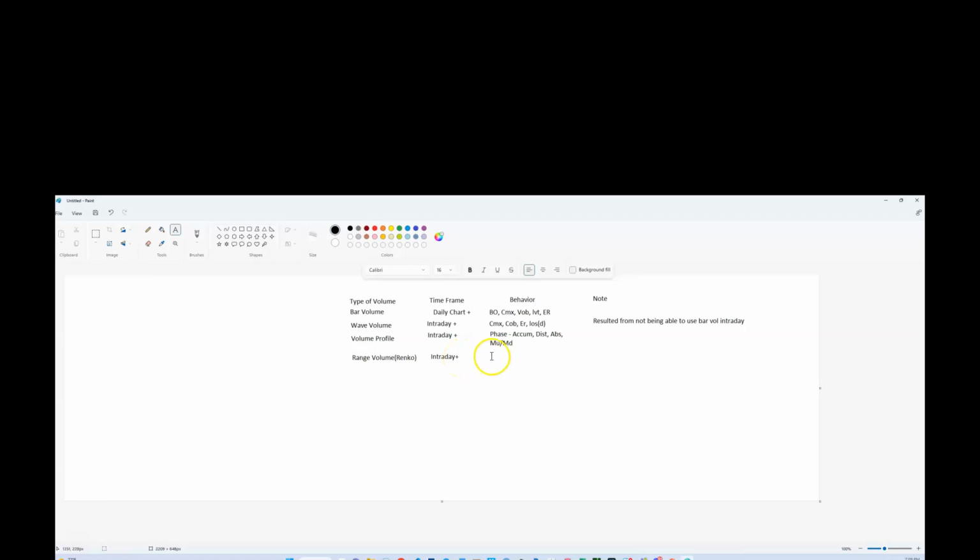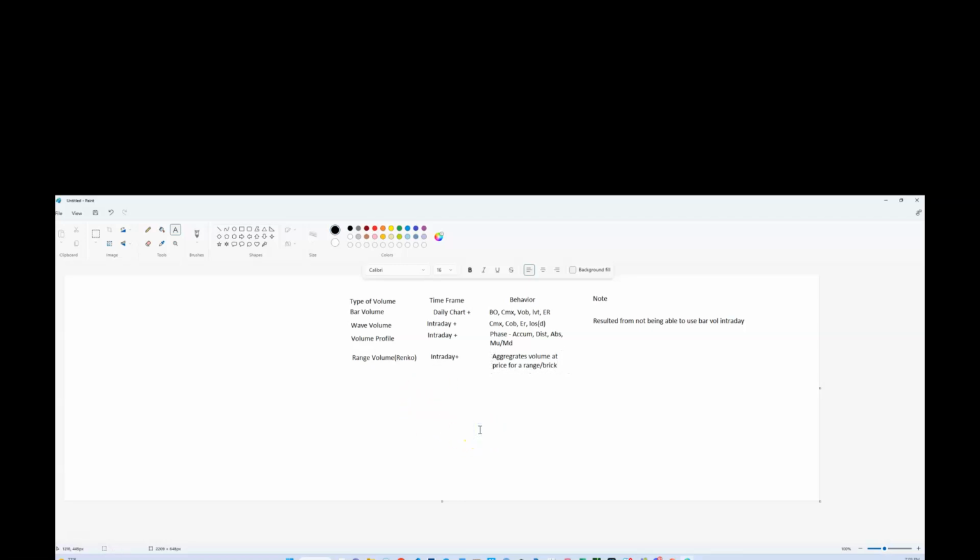Intraday or not doesn't really matter. Now someone may say, okay, this is also price based, but it's different because it aggregates volume at price for a particular range, or a brick, a Renko brick.